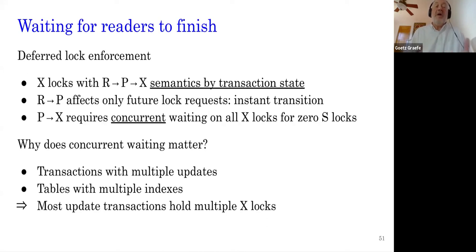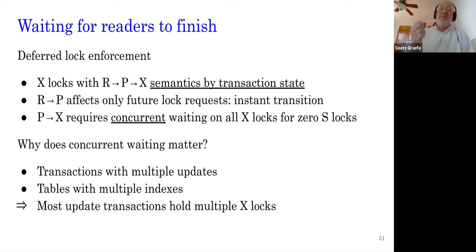And then when the pending locks actually have been converted to X locks, that's when we have exclusive locks on everything we need to update. And at that point, we apply the update to the database. Now, by making this dependent on the transaction state, we get the fact that multiple such exclusive locks do their transitions at the same time.